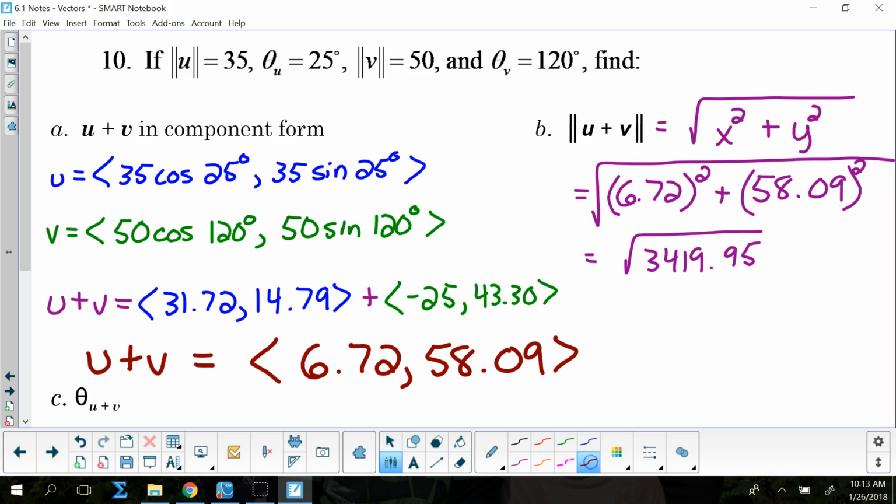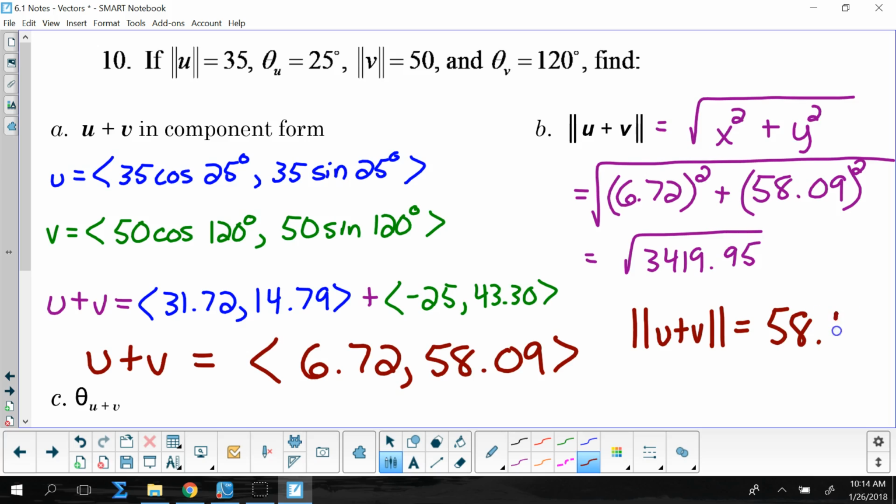So the magnitude of u plus v is going to be 58.48. Agree with that?